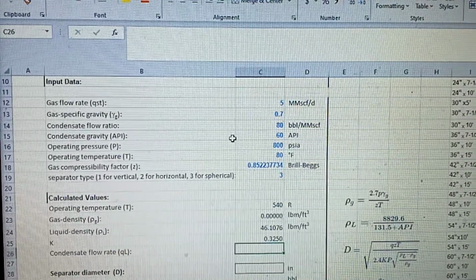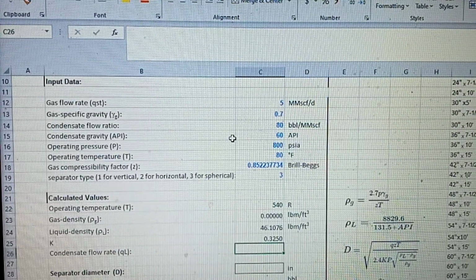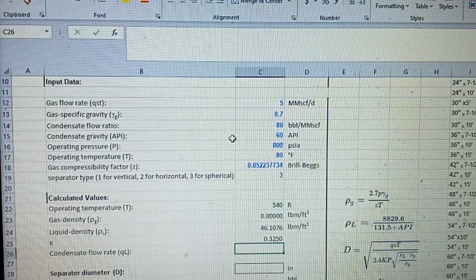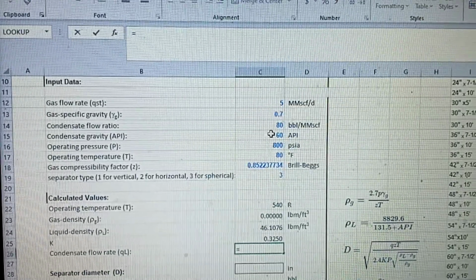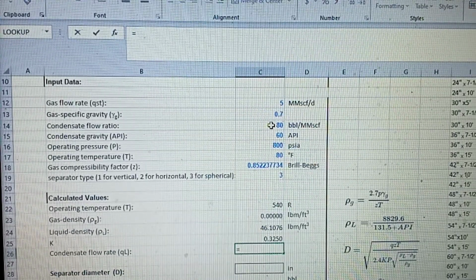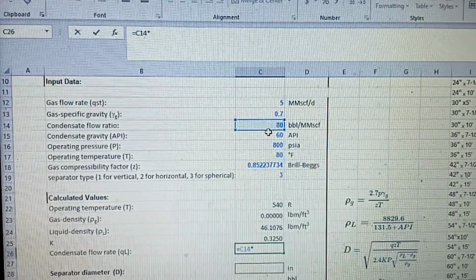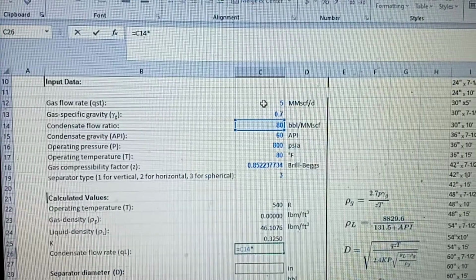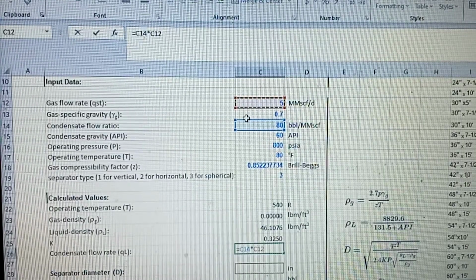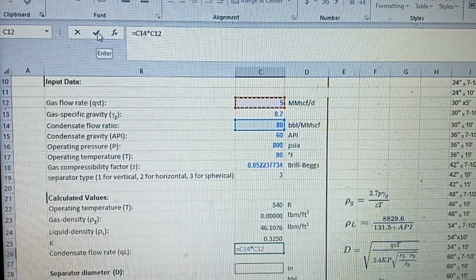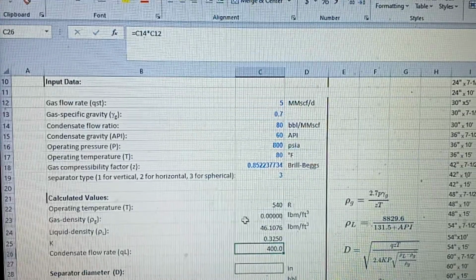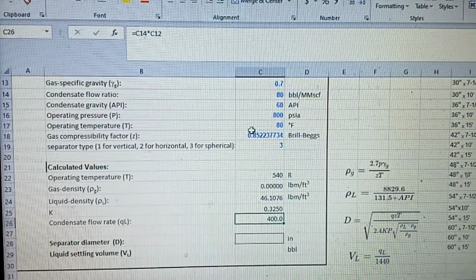So it's going to be equals the rate there. I click on that, C14 multiplied by C12, which is the gas flow rate. So in this case, it's 400. If I change the number, it will change.